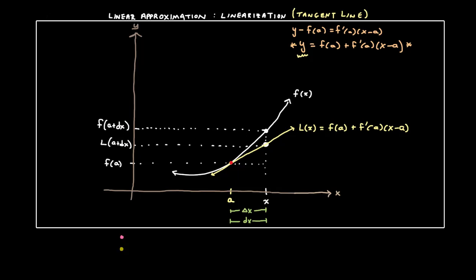Suppose I'm trying to estimate the value of the function at f of a plus dx. So this point here is the value I'm trying to approximate. So instead of finding its value, I find the value of the tangent line at that point. So we would say here that L of a plus dx approximates f of a plus dx.